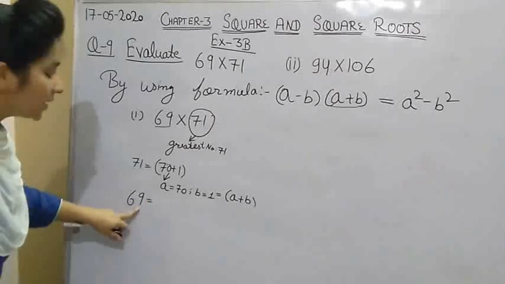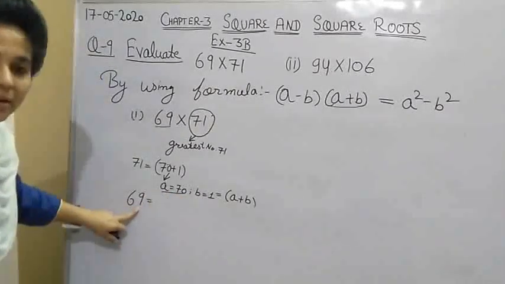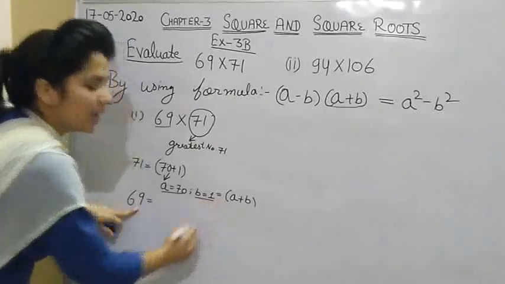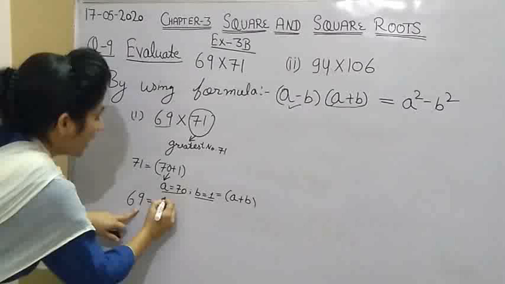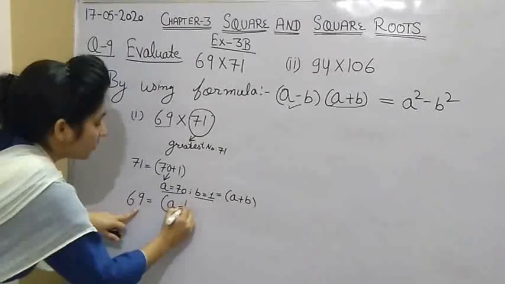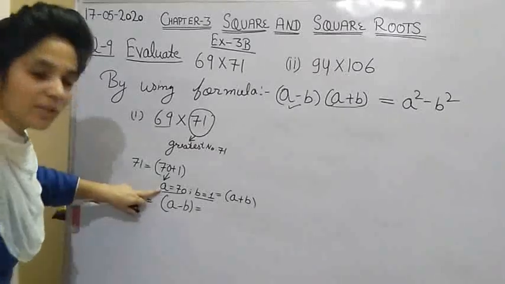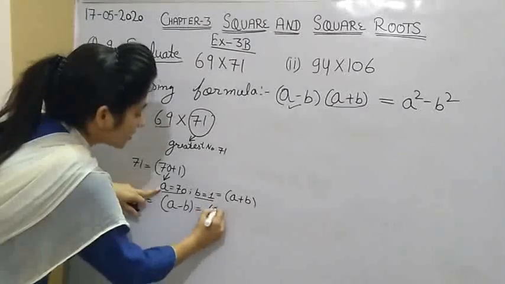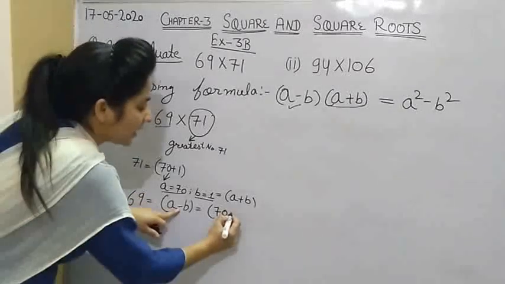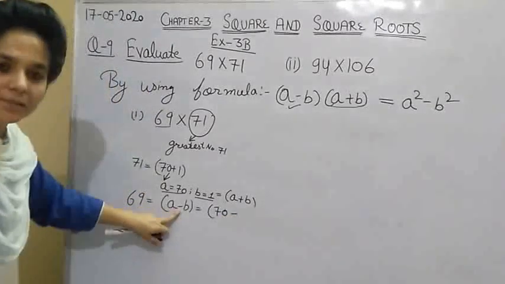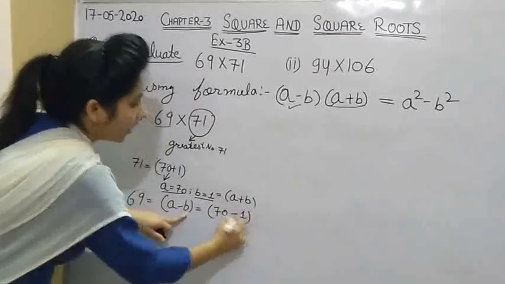Now we know the value of a is fixed, it is 70, and the value of b is 1. Now the given formation is a minus b. The value of a is 70, the fundamental operation is minus, and the value of b is 1.